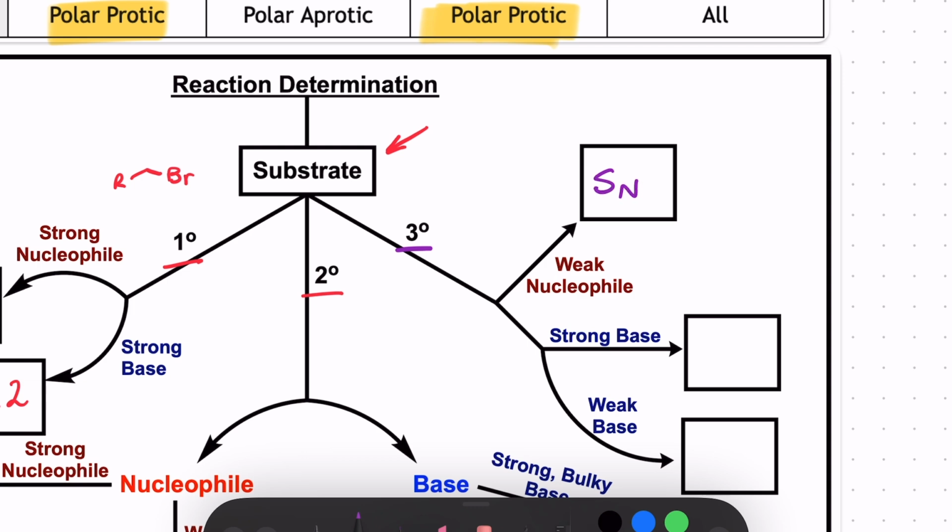Yeah, SN1. Remember, this is a nucleophile, so one of the substitutions, and it's tertiary, so it can't be SN2. There is no SN2. Make that look more like a 1.